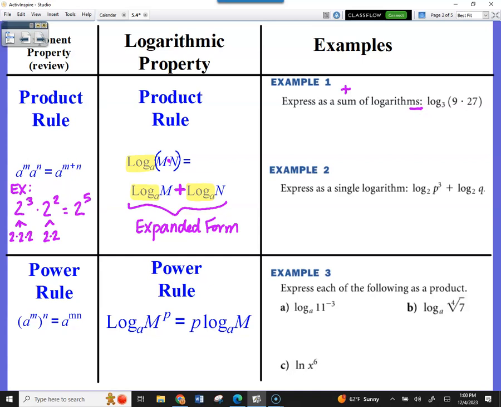It's log base 3 of 9 times 27. Take your yellow highlighter, highlight the log and the base. That is the first part of your expanded form. So it's going to be log base 3 of something plus log base 3 of something. The something part comes from the parentheses, the 9 and the 27.